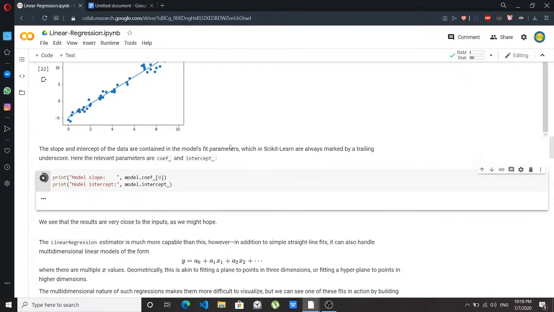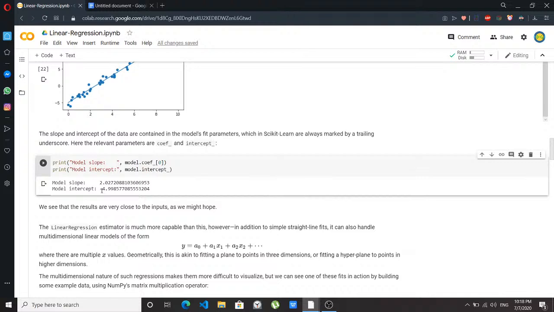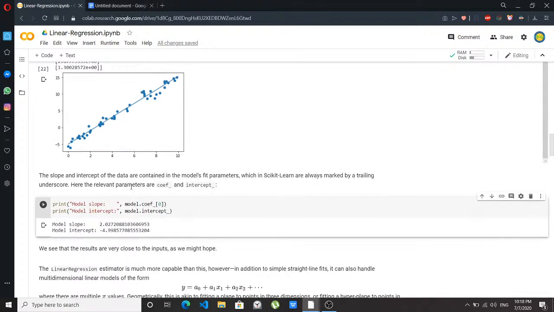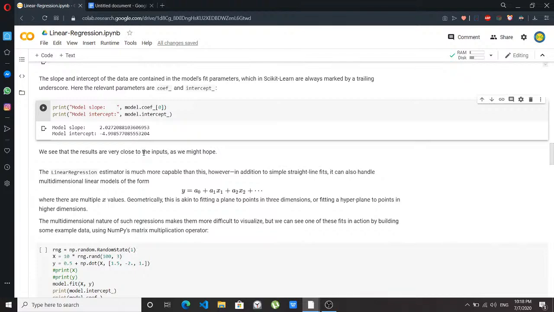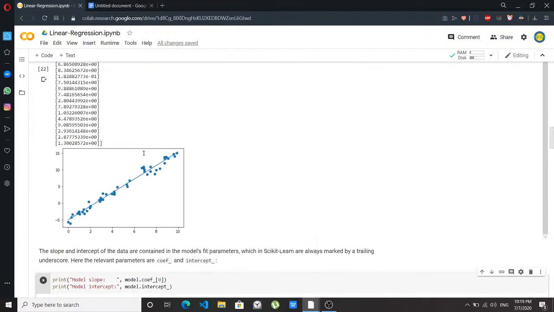When I run it, you can see the model slope is 2.02 with proper precision and the intercept is -4.99. There is an error of only 0.01, and we can see the results are very close to the inputs.